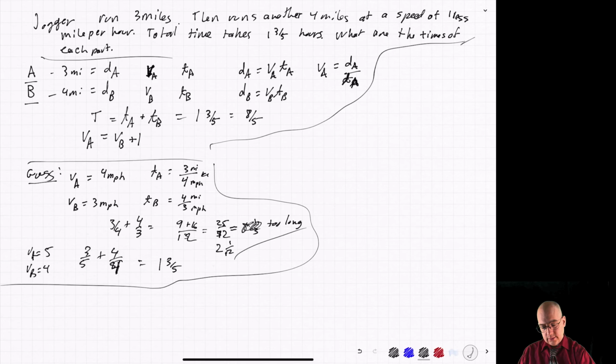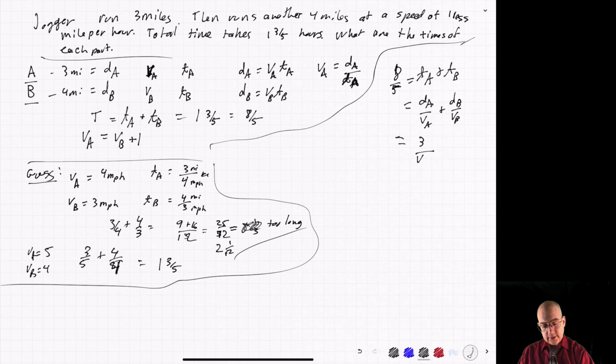Working back from what we do, 8/5, that's the total time, is equal to time A plus time B. And how do we keep computing that? That was the distance of A over the velocity of A plus the distance of B over the velocity of B. The distance of A is known, that's 3.